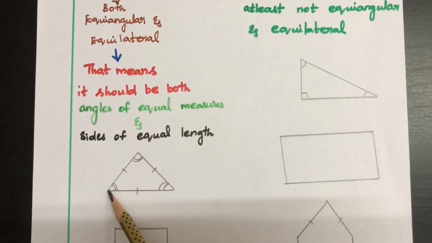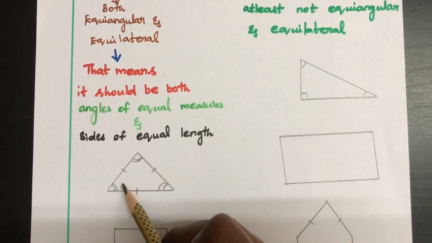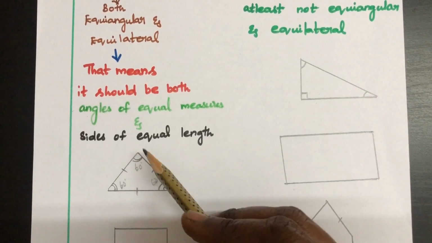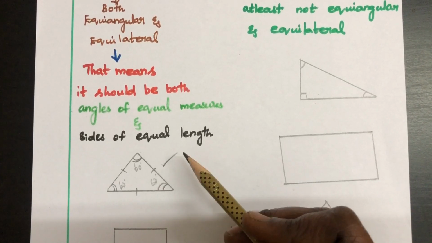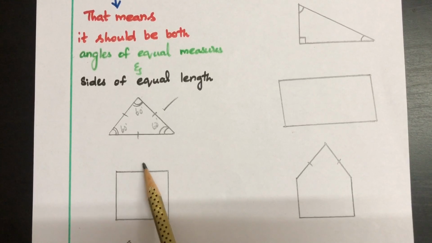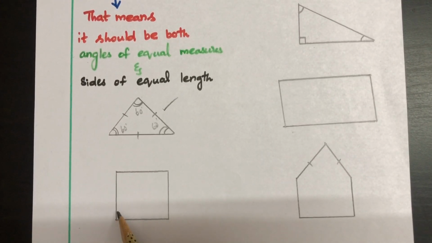See, it is an equilateral triangle. All the angles formed here are 60 degree each. Similarly, all the sides are of same length. So, this is a regular polygon. It is a square. Square means obviously all the sides are of equal length, and also all the angles formed are 90 degree each.